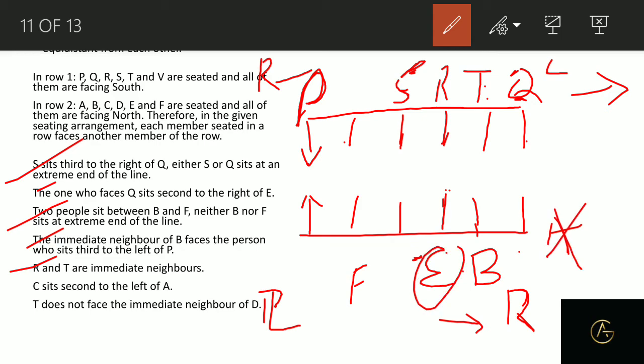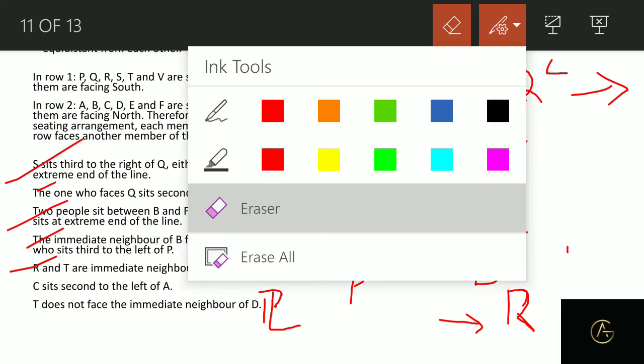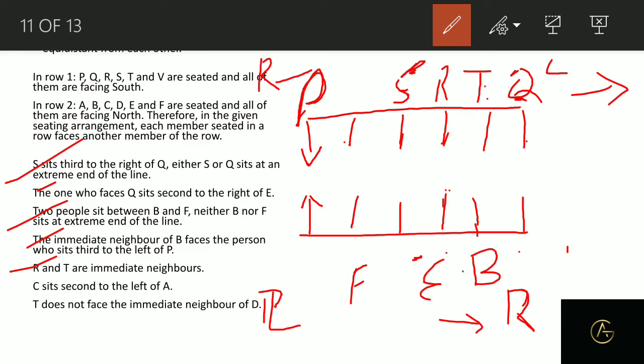So A will not be here. A will sit here. And here will sit C. What is left? D. Next, T does not face the immediate neighbor of D.